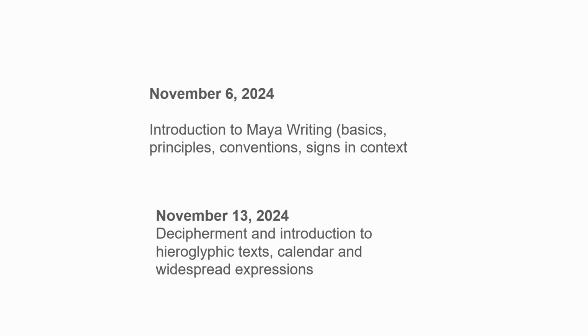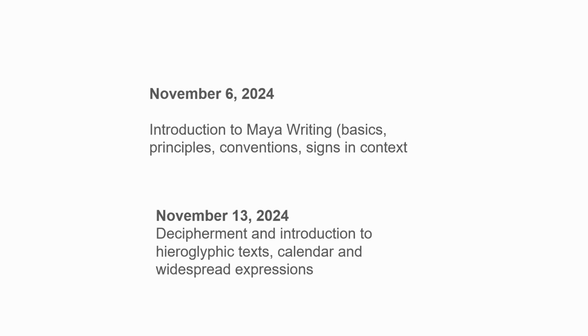Today we have a basic introduction to Maya writing: basics, principles, conventions, signs in their context. The really great stuff, what is written in the texts, comes next week. But in order to understand the content, you need to know the principles of the writing system, and I'm very happy to present some new slides that I created for this introduction.